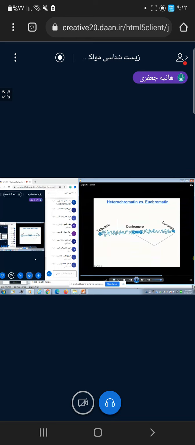Chromosomes have different regions. They have heterochromatic regions, and again at the telomeres. These regions of the chromosome are always heterochromatic.